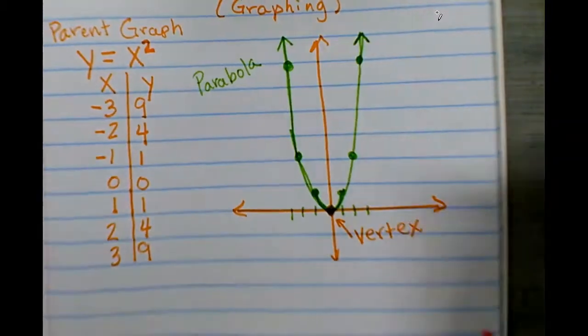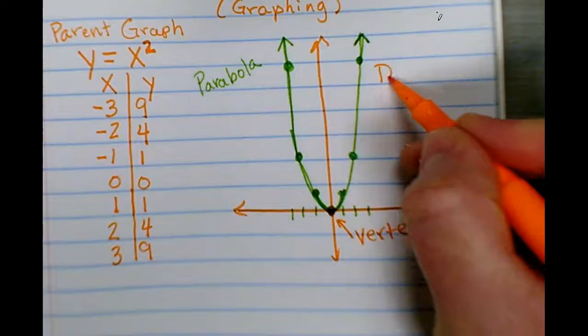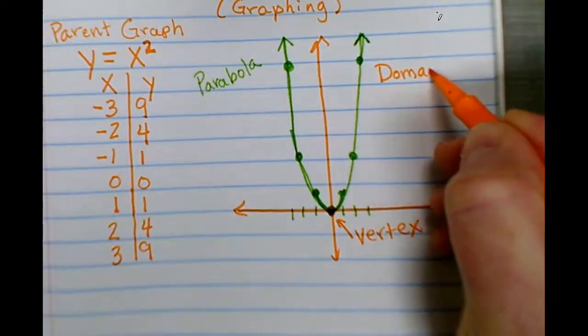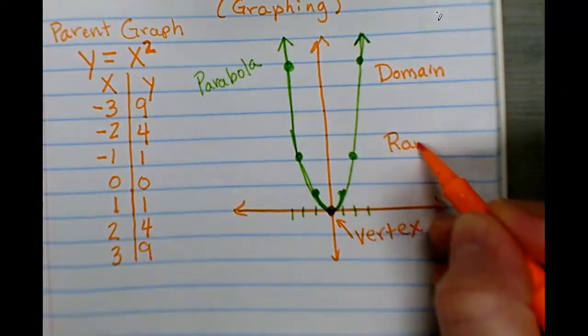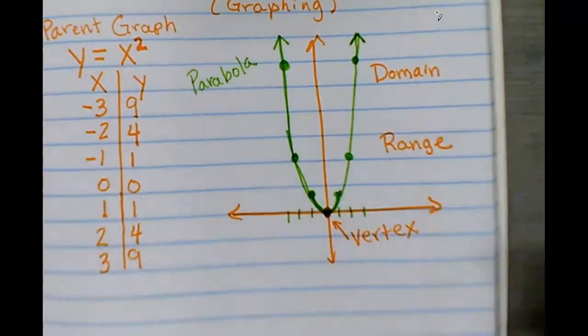And whenever we look at a graph, we always like to talk about the domain and the range. What is the domain of this graph? Do we remember the word domain from earlier in the year? Now, this parabola is pointing up, right? But as it's going up, it's also spreading out to the left and the right.